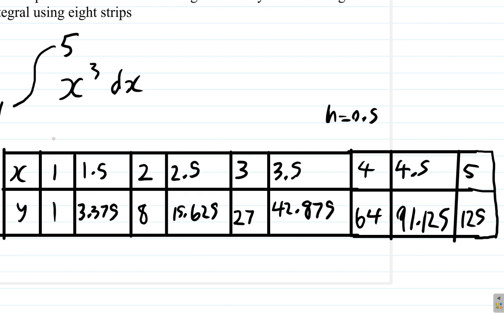So here you can consider this as y1, y2, y3, y4, y5, y6, y7, y8, y9. But we have 8 strips here.